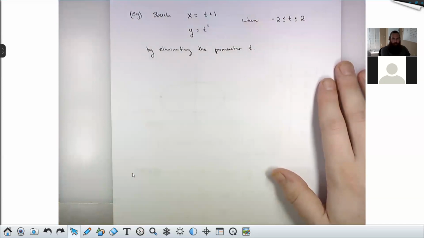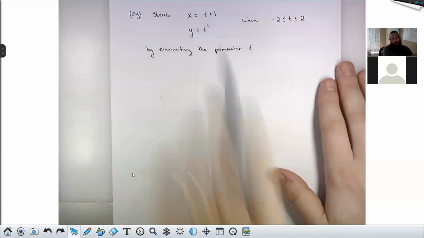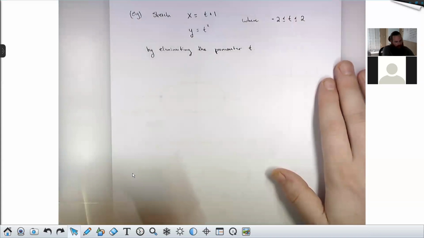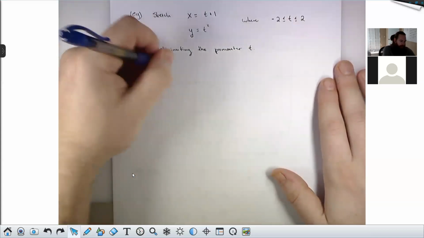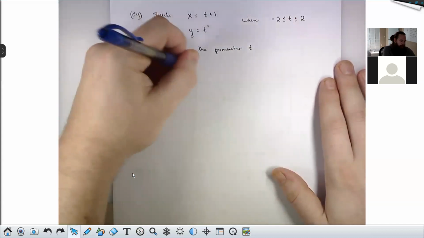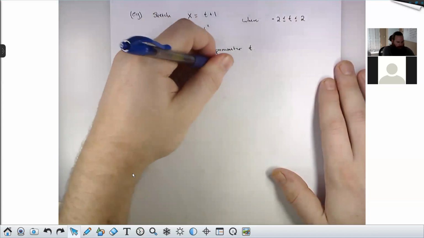One way to do that is to use trig identities like we did in the previous example. Another way to do that is by solving one of the equations for t and then plugging that into the other equation. So here I have x equals t plus 1, which implies that x minus 1 is equal to t.